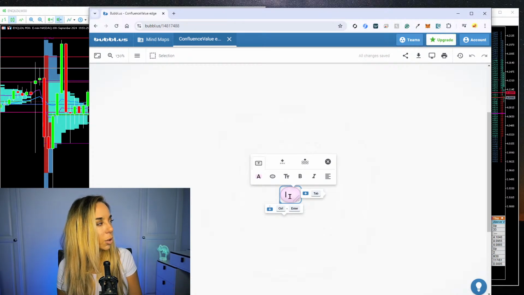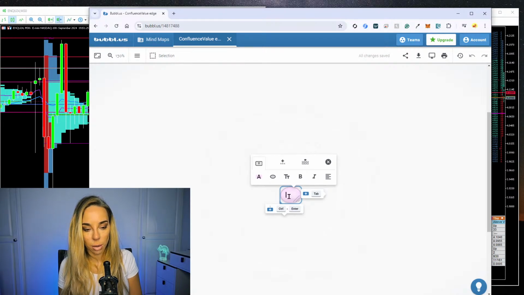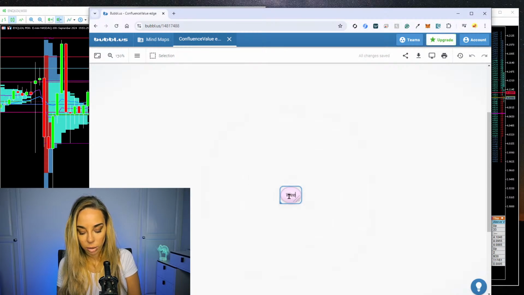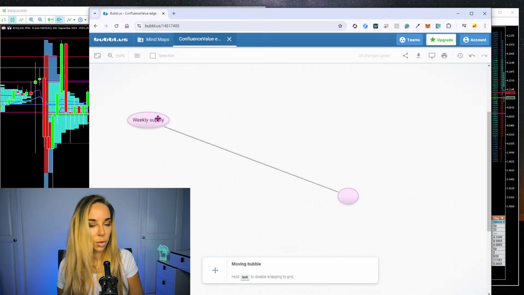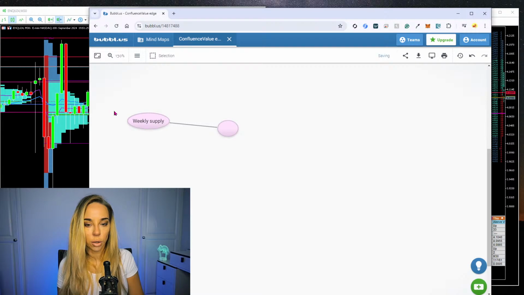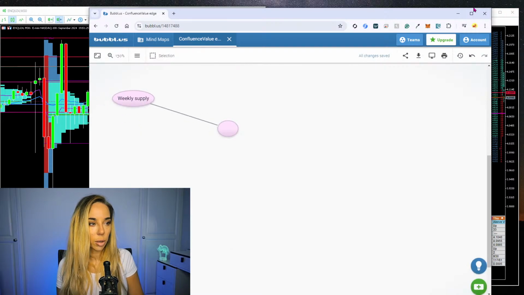So if we are talking about the copper trade, for example, what do we have? We had a weekly supply potential, right? Let's move this up so we can keep going through the mind map.